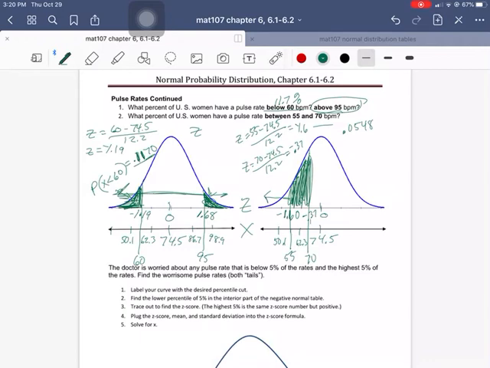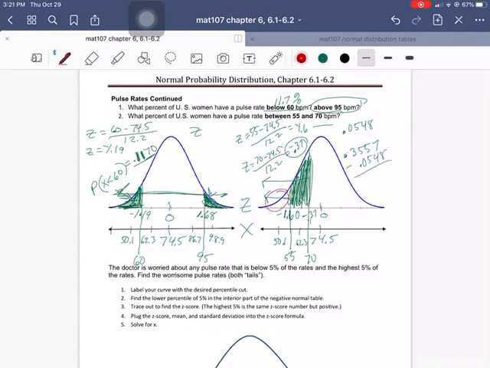And then we're going to look up this one here, because this is going to be the whole thing, and we're going to subtract that from it. So when I look up negative 0.37, I'm going to go down to negative 0.3 and over to 0.07. I'm going to get 0.3557.